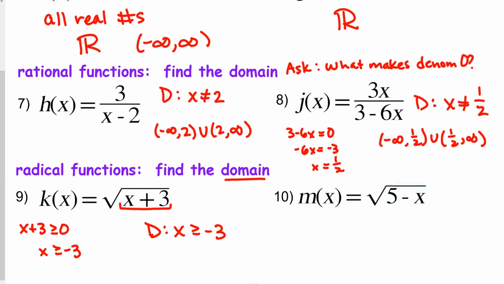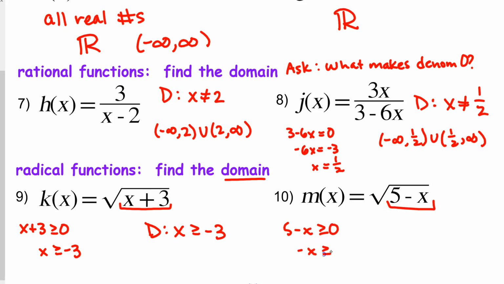Here's number 10, same idea, it's also a square root. If it was a cube root, this would not apply because you can have a negative inside a cube root. You can't have a negative inside a square root if you're trying to find a real number. So let's take the radicand and say it has to be greater than or equal to 0.